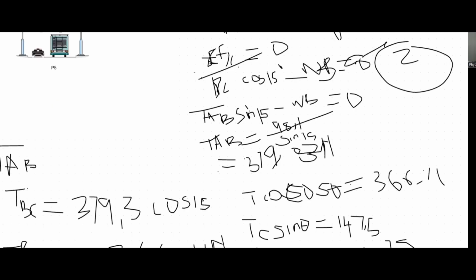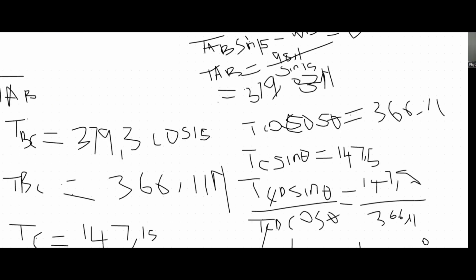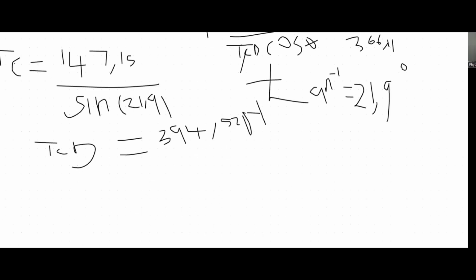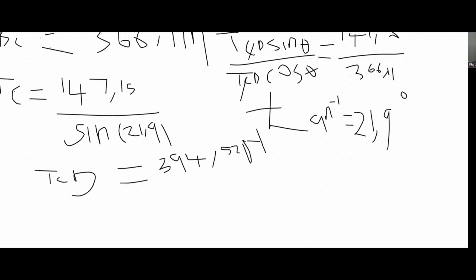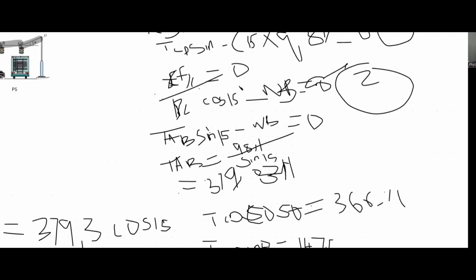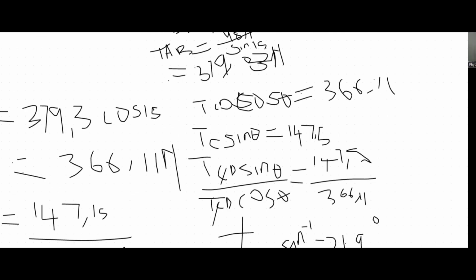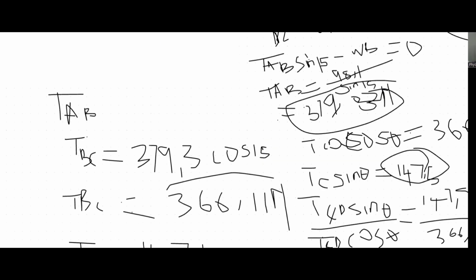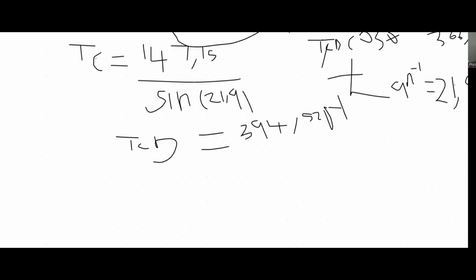So this is BC, this is CD, this is theta, this is AB. We are looking for AB, BC, CD, and the angle theta.